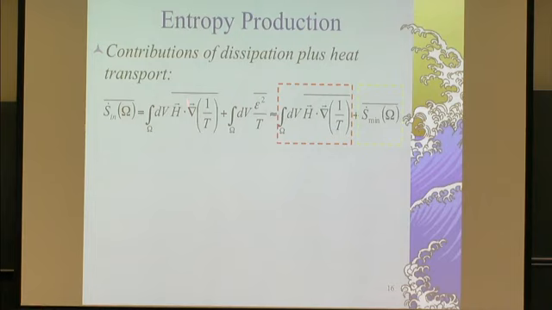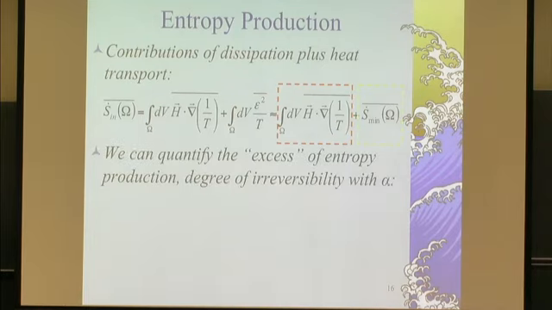So at the end of the day, there are basically three mechanisms to produce entropy: dissipation of kinetic energy, fluxes across temperature gradients, or, if you want, fluxes of matter across gradients of chemical potential. But here the last part is not relevant. So we see that this part is the S min, and this is the rest.